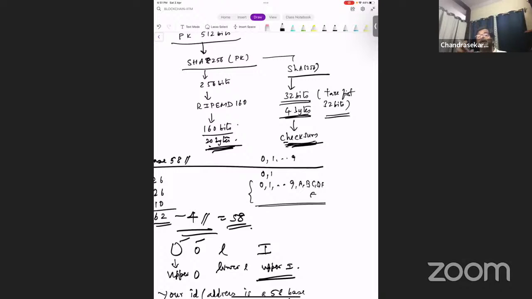Checksum, I want to keep it compact, so the checksum should not be as large as the original one. So I take only 32 bits out of that output. So these 20 bytes and this checksum of 4 bytes make 24 bytes, right?